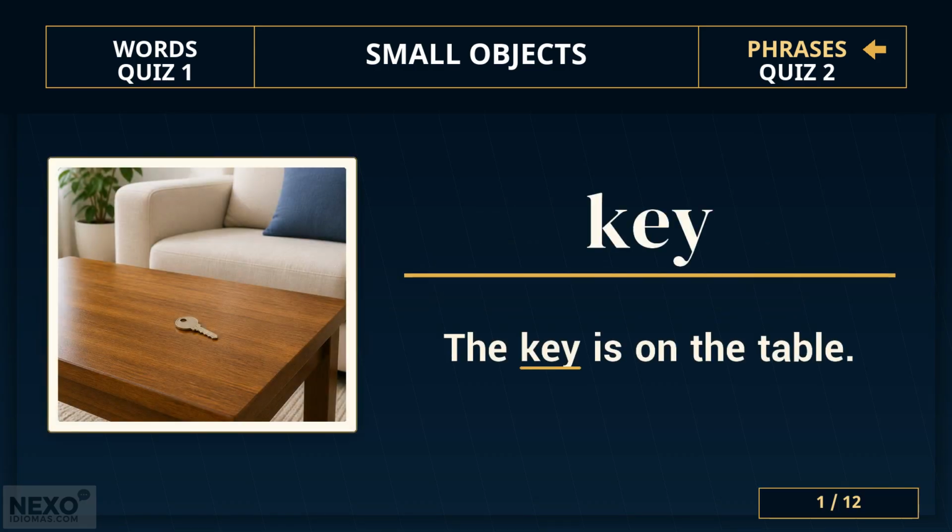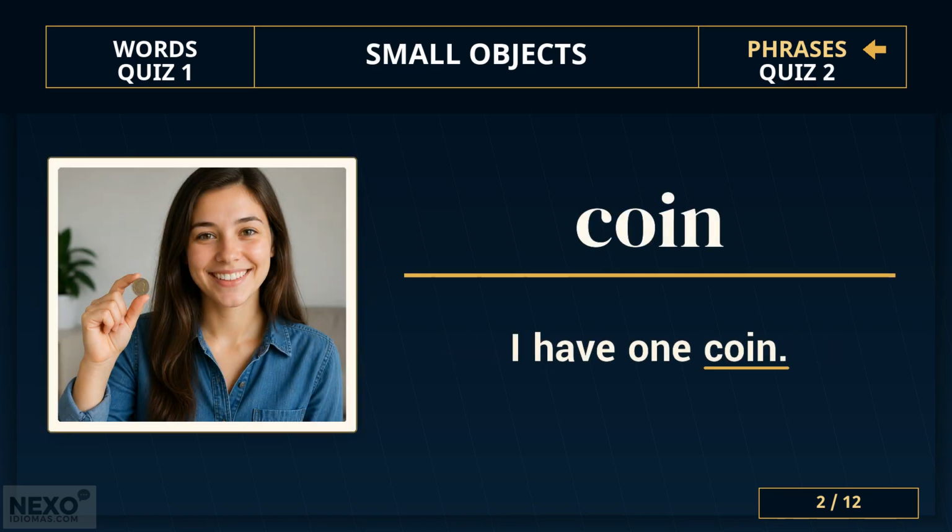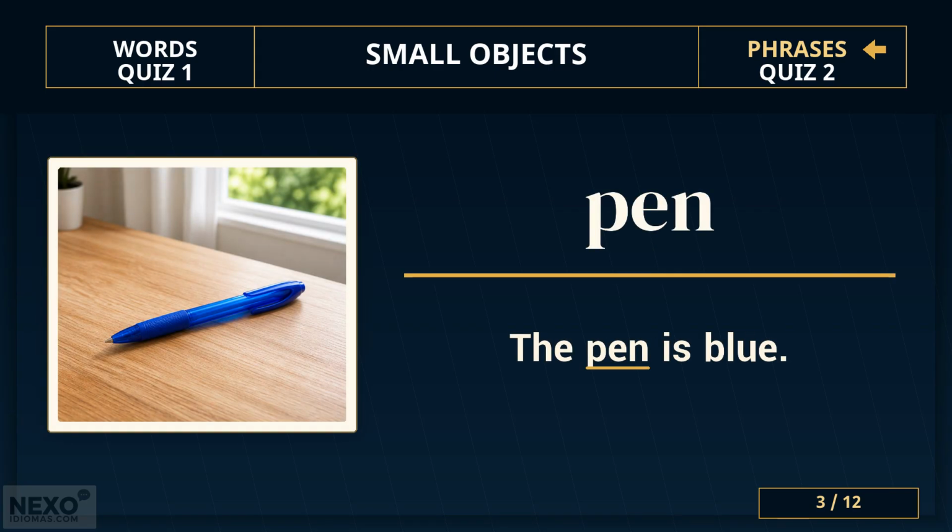Key. The key is on the table. Coin. I have 1 coin. Pen. The pen is blue.